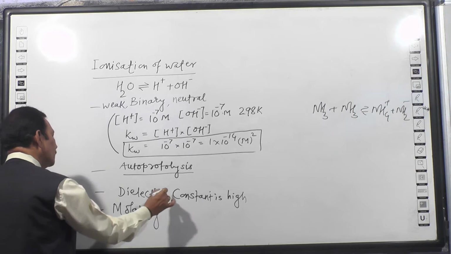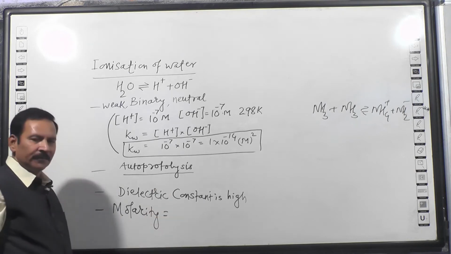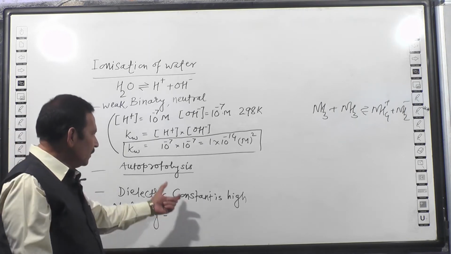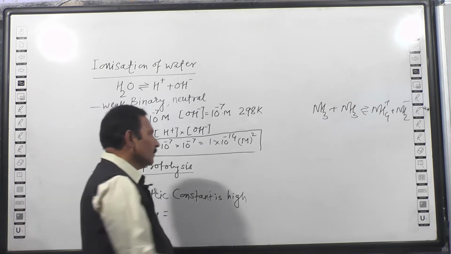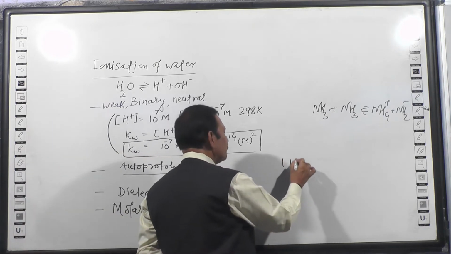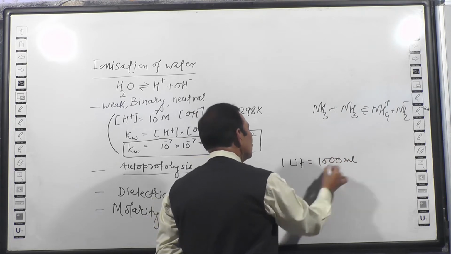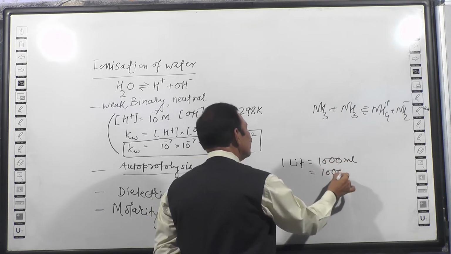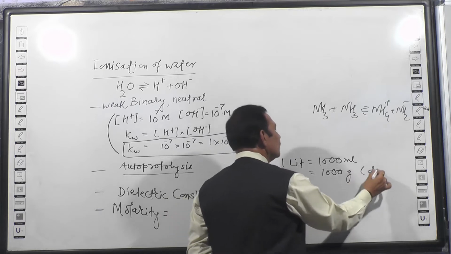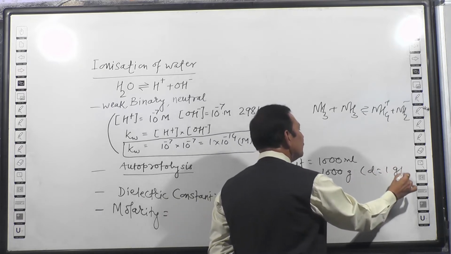Now what is the molarity of pure water? If you take water, for example, 1 liter of water is taken. 1 liter, 1000 ml, that is 1000 gram, because density is 1 gram per ml.